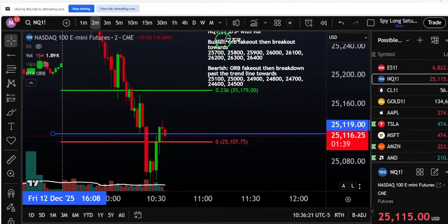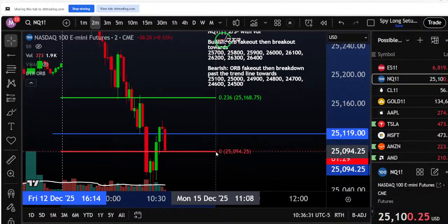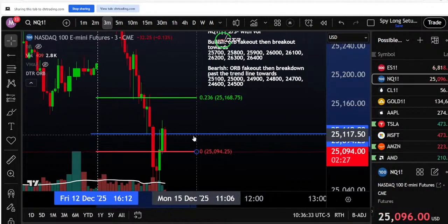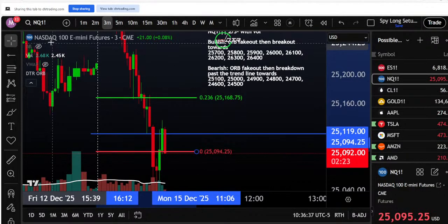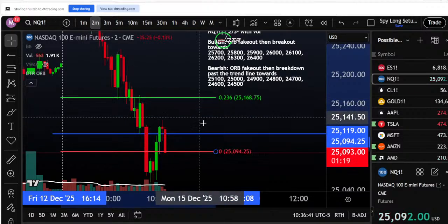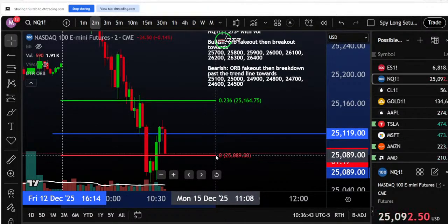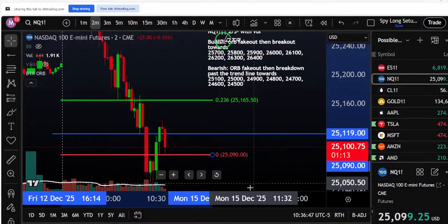That was a big pullback I didn't like. All right, I got stopped out on that. Might fake me out here. Put stop loss at 97. I'd put it at 90.